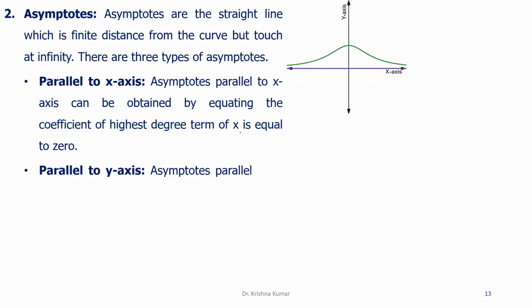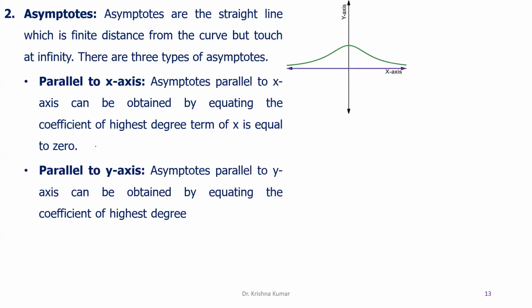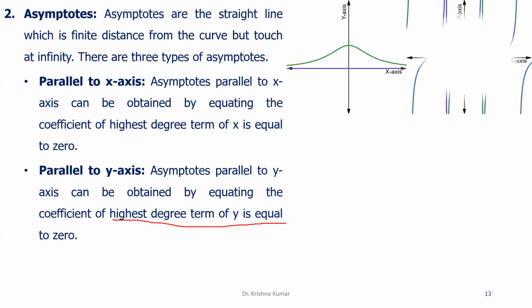Parallel to the y-axis. Asymptotes parallel to the y-axis can be obtained by equating the coefficient of the highest degree term of y equal to 0. Now here, just look here. This is the equation of the tan curve.